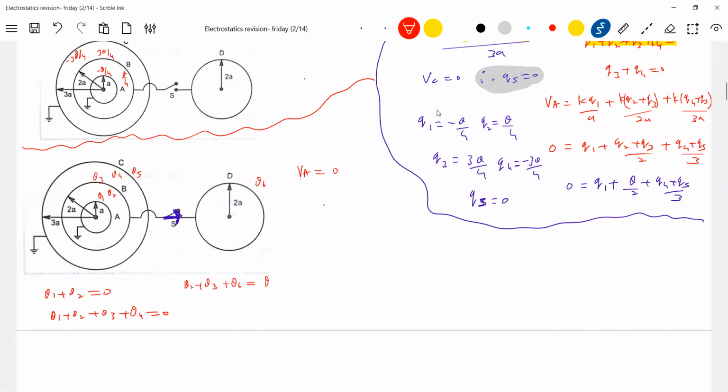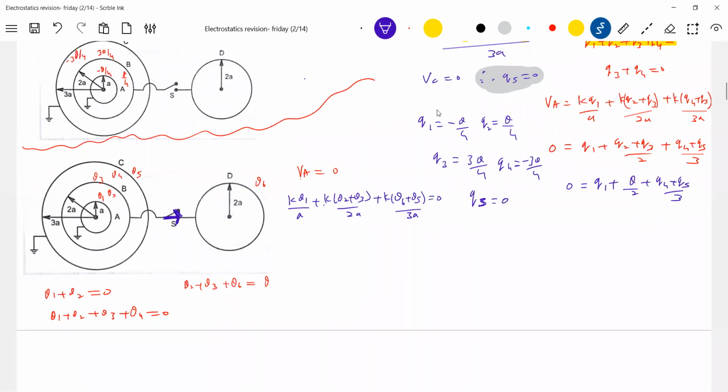So from that, the equation will come like this: KQ1 by A, plus Q2 plus Q3 by 2, Q4 plus Q5 by 3 equal to 0. Keep this equation.